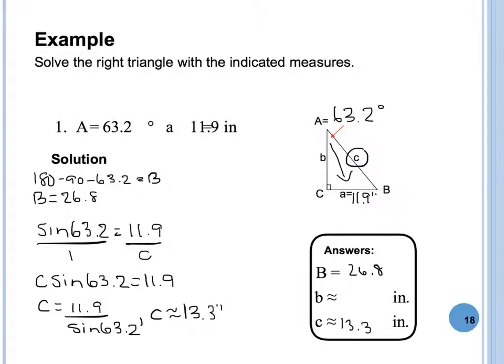Now, I'm not going to use my approximate value for C. I need to work with the information I was given to go find B. I now have opposite and adjacent. So opposite and adjacent sounds like tangent.